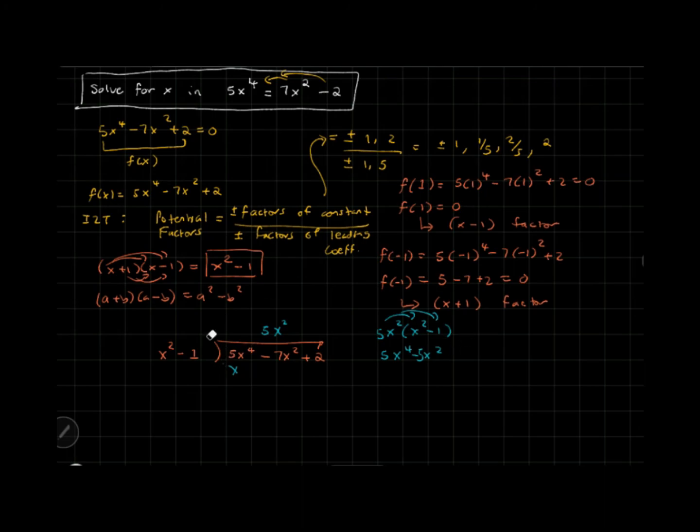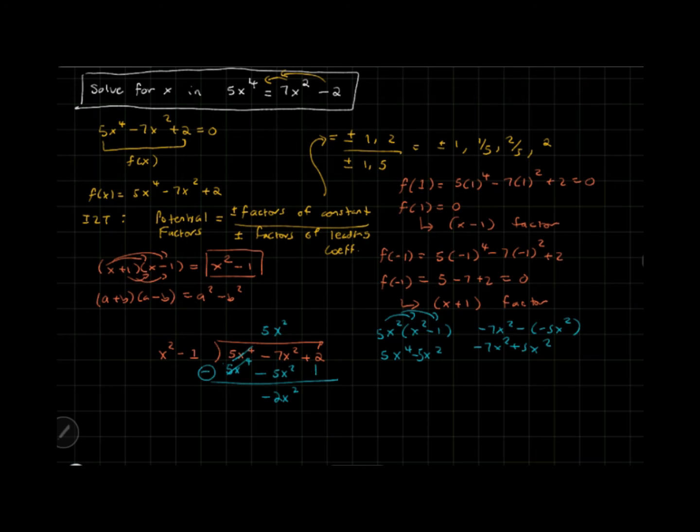So you have to match the term as well as the degree, so you get 5x to the power 4 minus 5x squared. Then you subtract. 5x to the power 4 minus 5x to the power 4 is 0. Negative 7x squared minus negative 5x squared. You have to make sure you do the integer operations properly, so you get negative 2x squared.